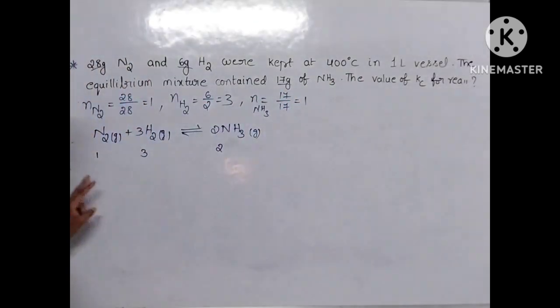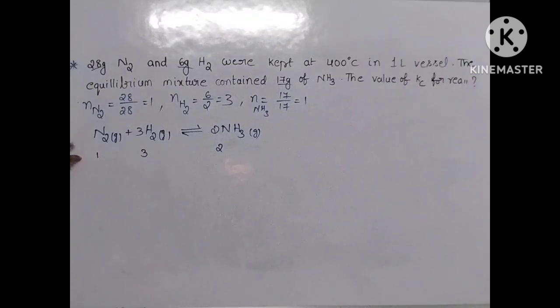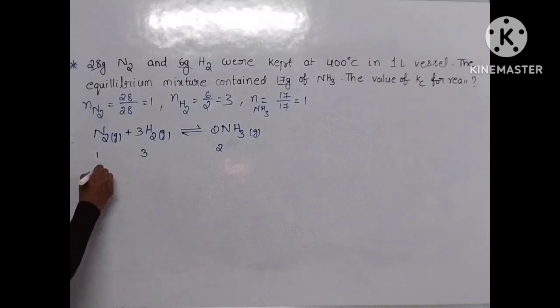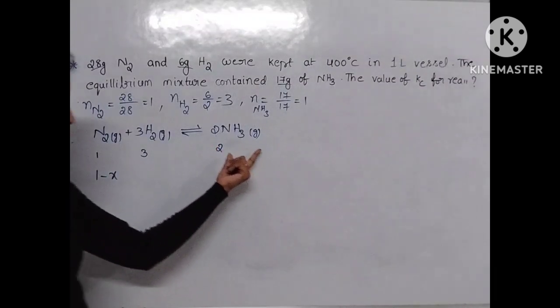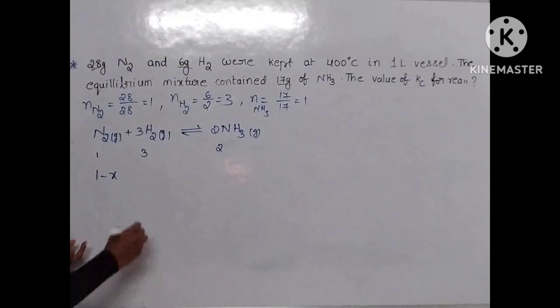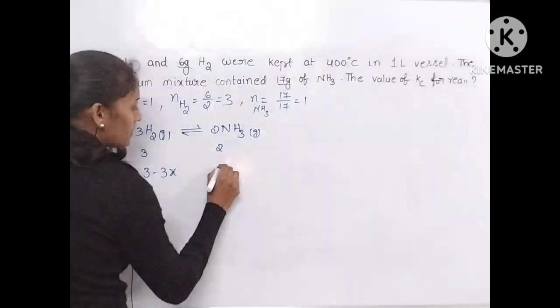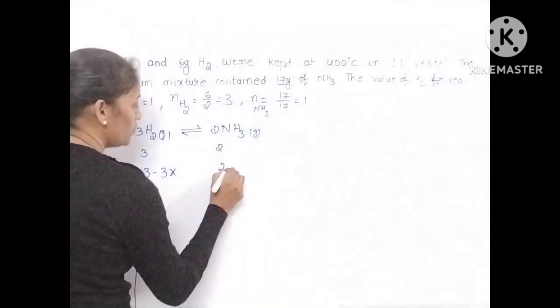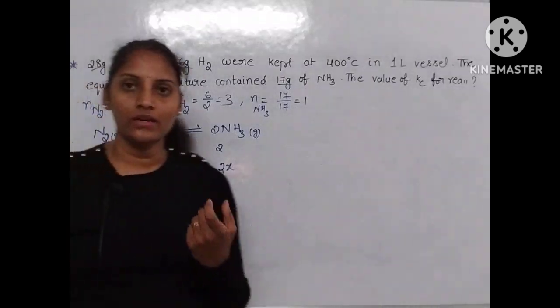Suppose we have 28 grams of N2, 6 grams of H2 and 17 grams of NH3. If X amount goes out in the form of NH3, then N2 would become 1 minus X, H2 would become 3 minus 3X, and NH3 would be 2X at equilibrium.